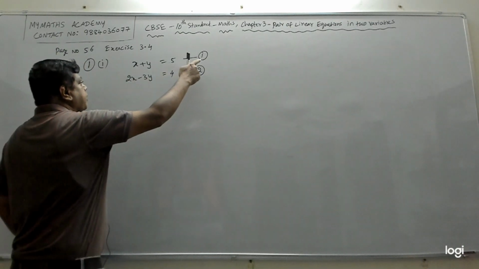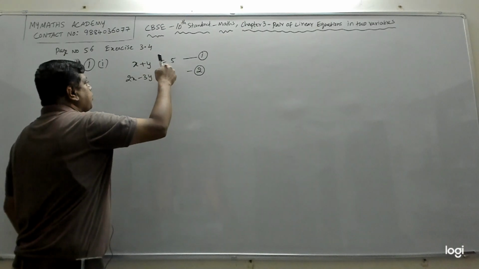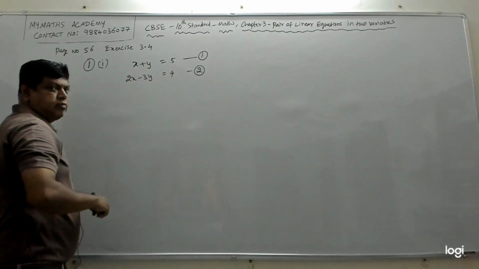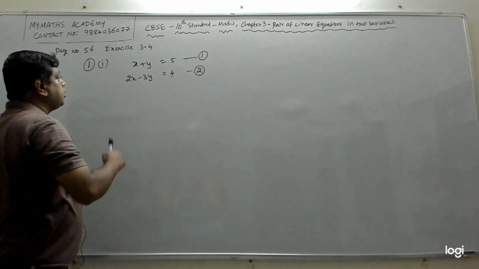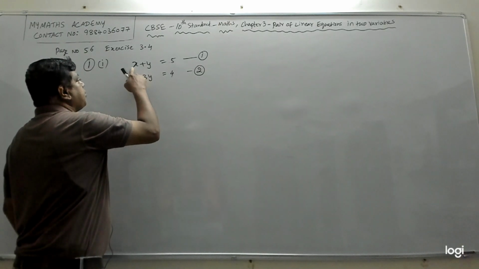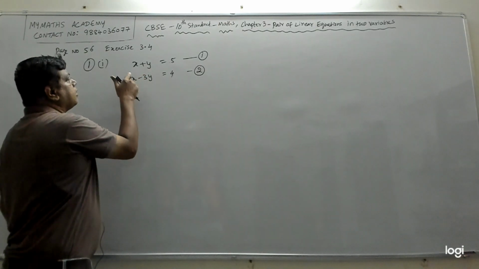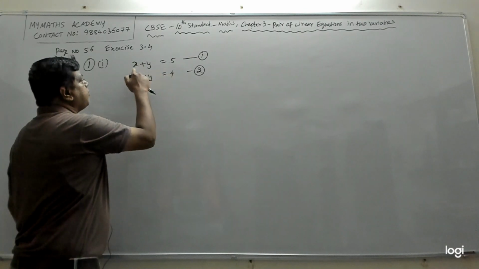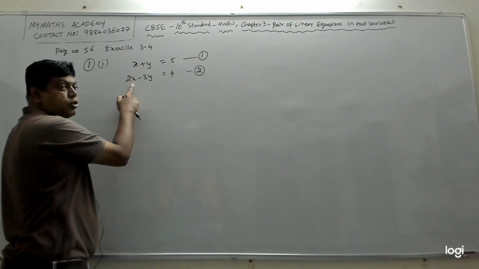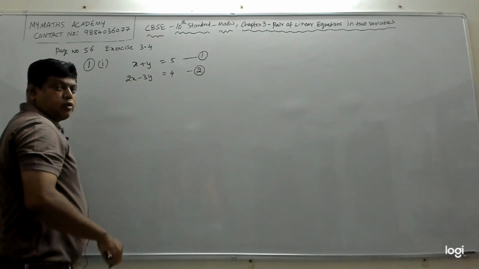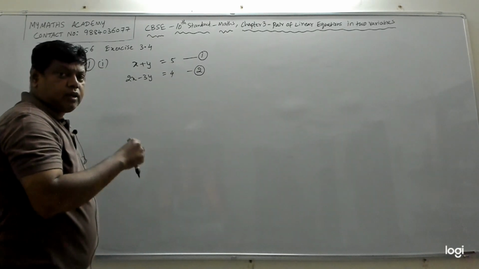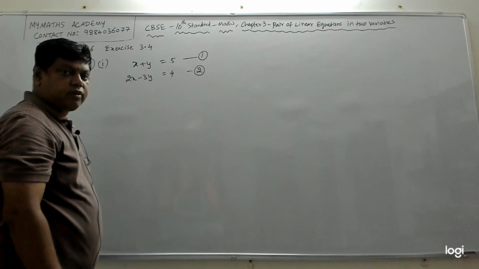Let's look at equation number 1. If I multiply equation 1 throughout by 2, every term by 2, then this becomes 2x, and then both equations will have the same coefficient for x.